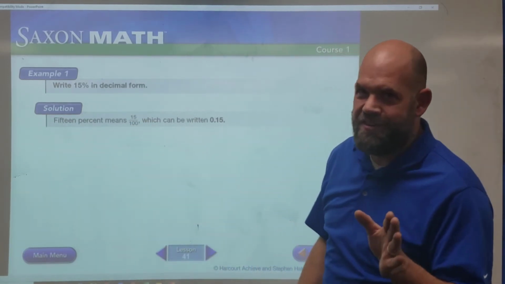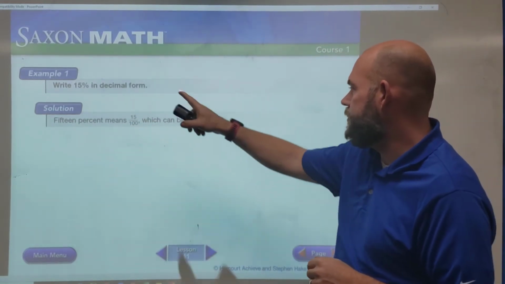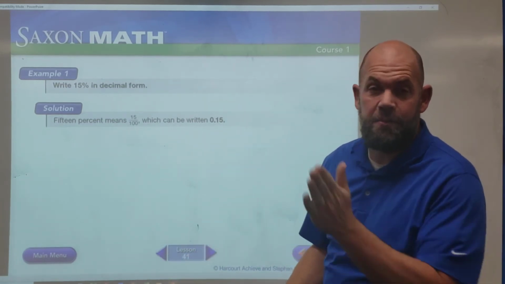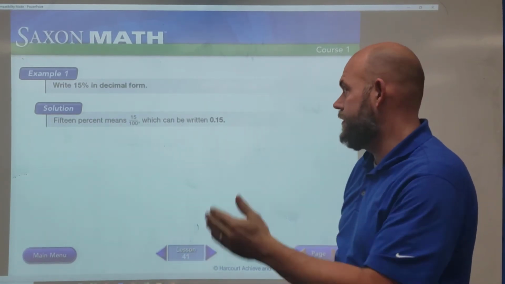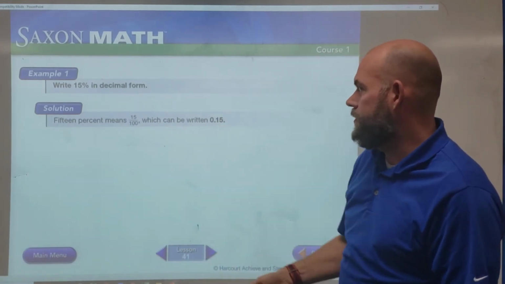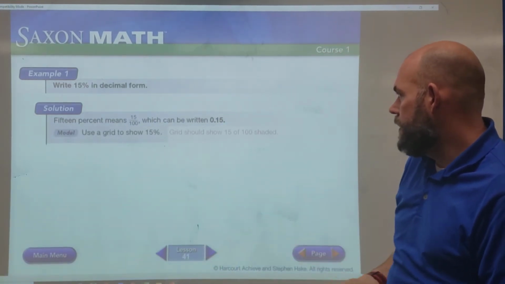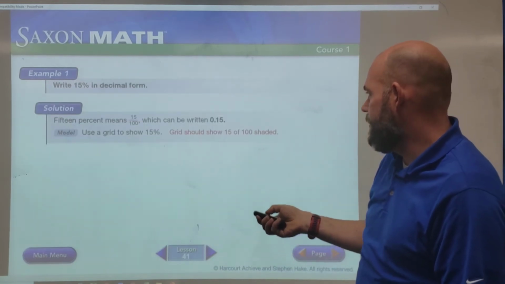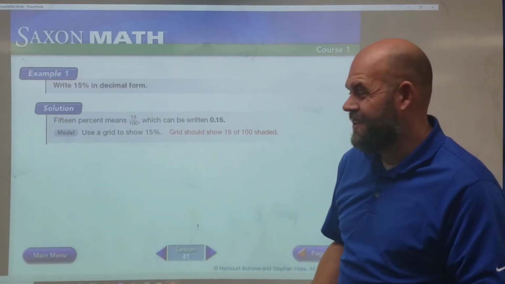But if we're just changing it to a decimal, I'm sorry, I misspoke. If we're just going to do it in decimal form, we want it out of 100 because then we can just shift that decimal 2 places to the left. So having 15 over 100 works fine. Just move that decimal 2 places to the left. We could do this on a grid showing 15 out of 100. Please don't do that. What a waste of time.